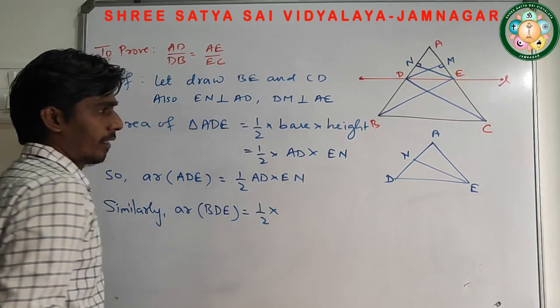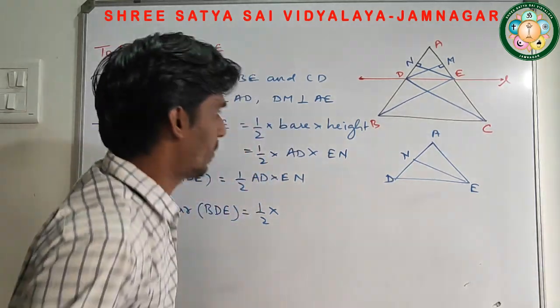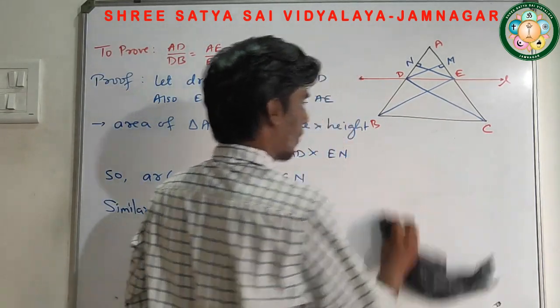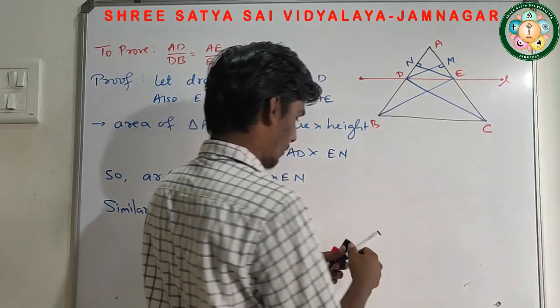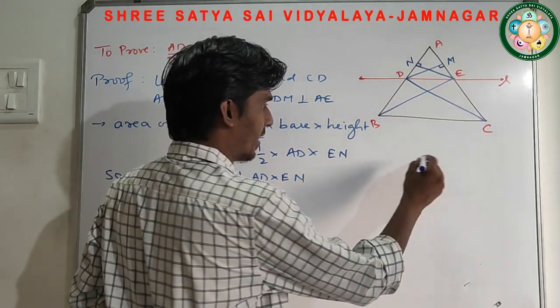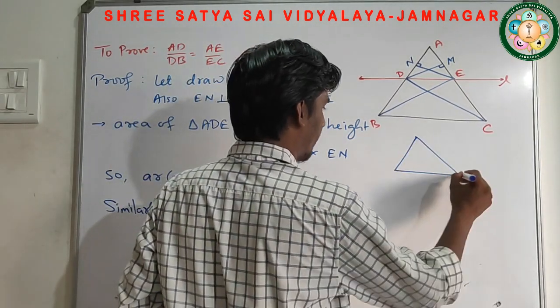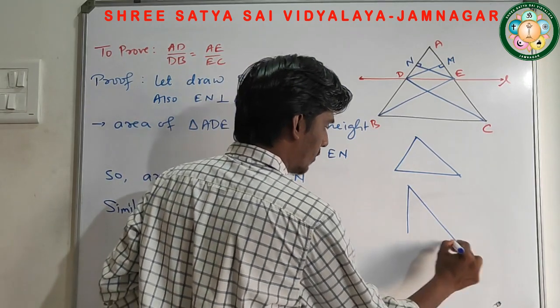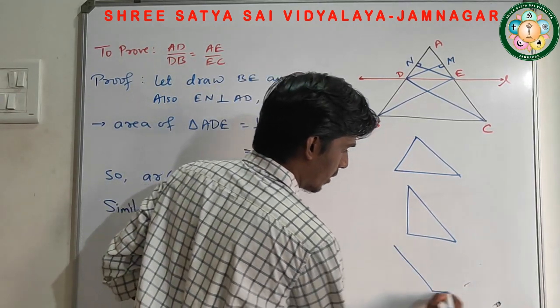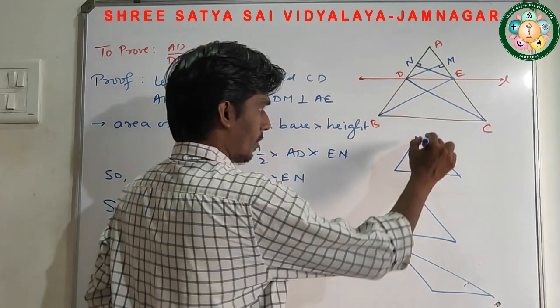It's half. Now the important part. Let me explain that first. Three types of basic triangle: an acute angle triangle, a right angle triangle, and an obtuse angle triangle.